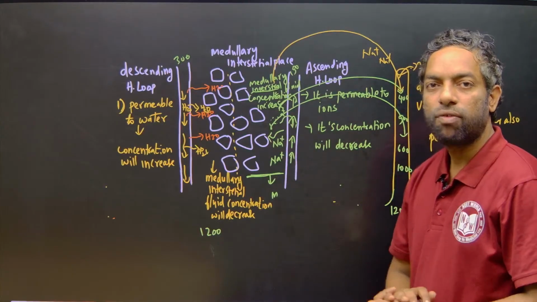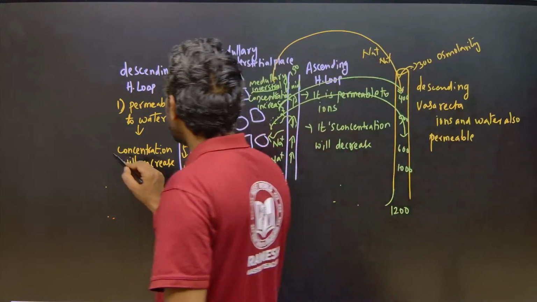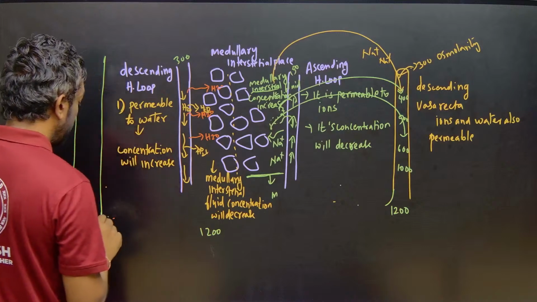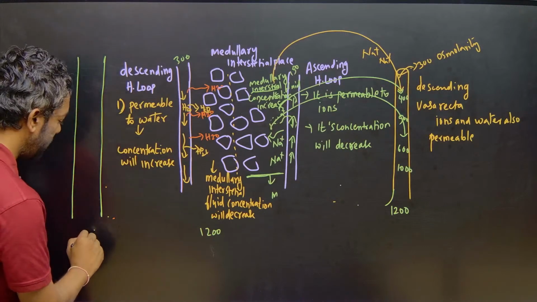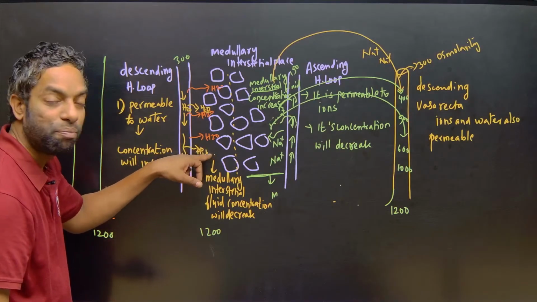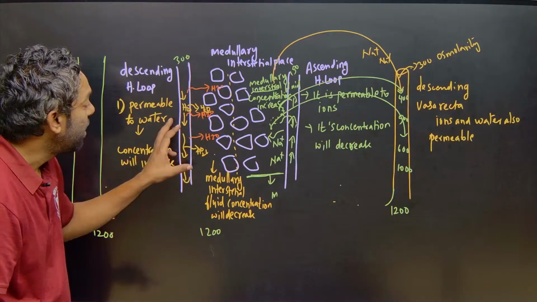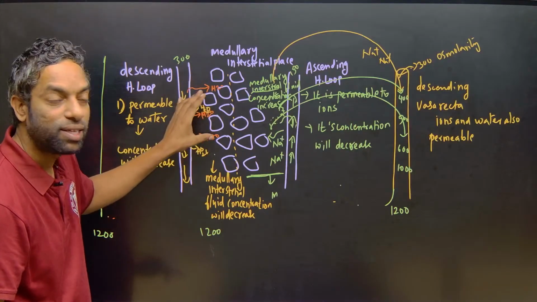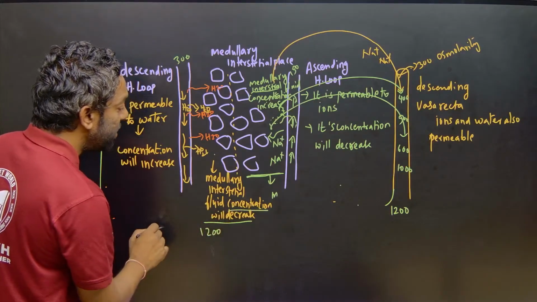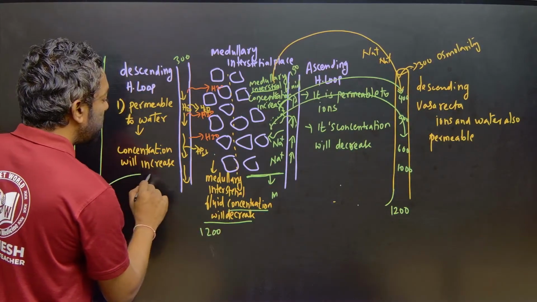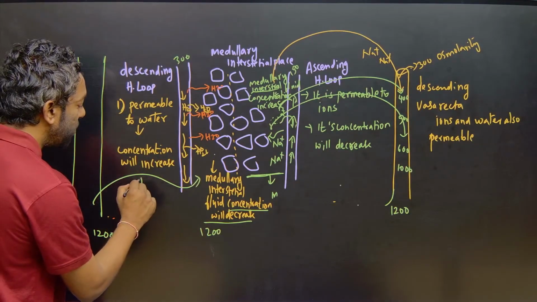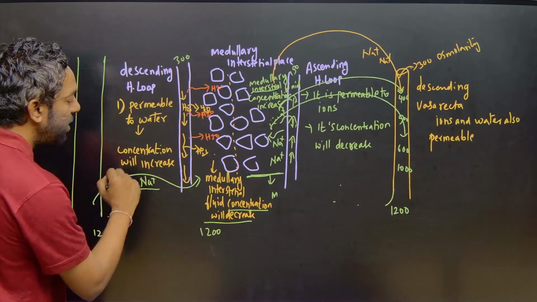Okay, that is the descending Vasa recta. If we come to the ascending Vasa recta, which started at 1200 here, in the ascending part the concentration of the medullary interstitial fluid will decrease, right. Water is permeable, and ions such as NaCl, Na plus can transfer.